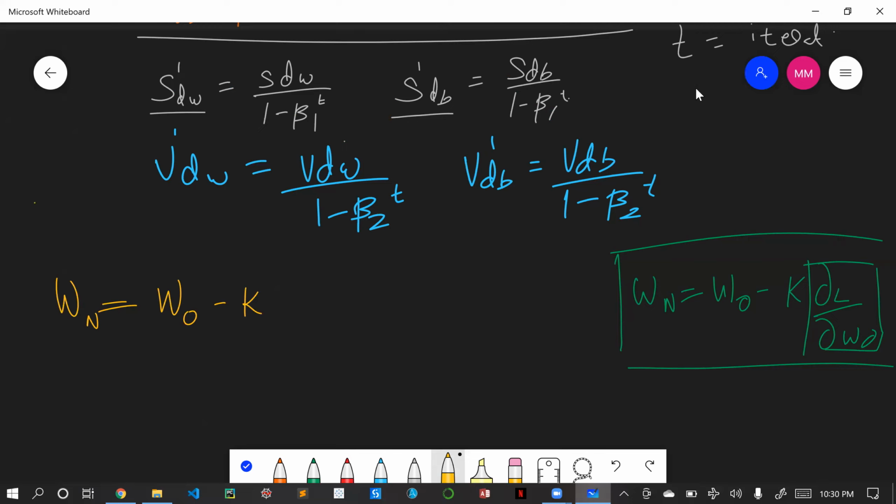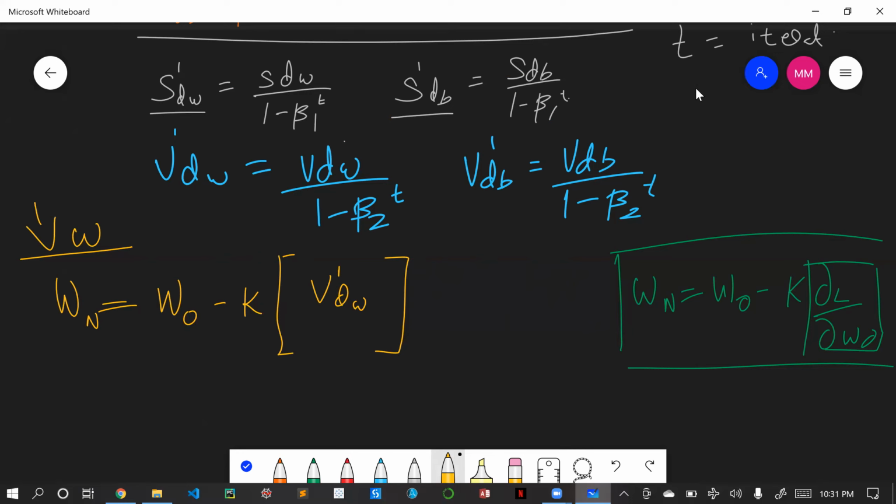This is with respect to W. And here, what will come? Just think about what we did for RMSprop. Initially we wrote this W formula, right? What is the W formula? It will be VdW.